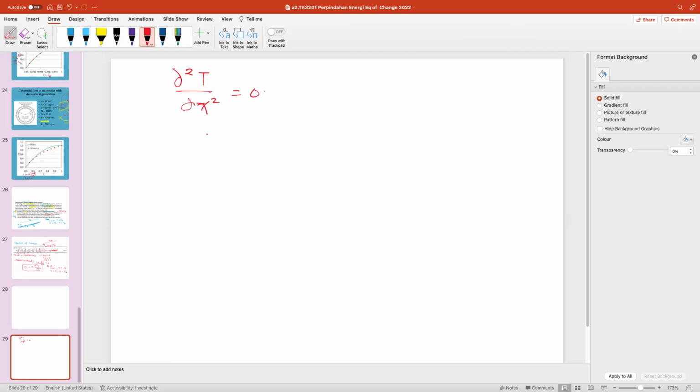So do the first integration, ∂T/∂x equal to C1, and the second integration, T equal to C1x plus C2.